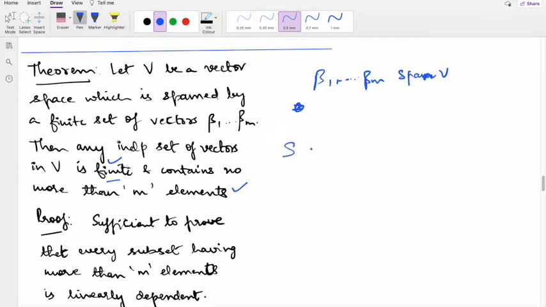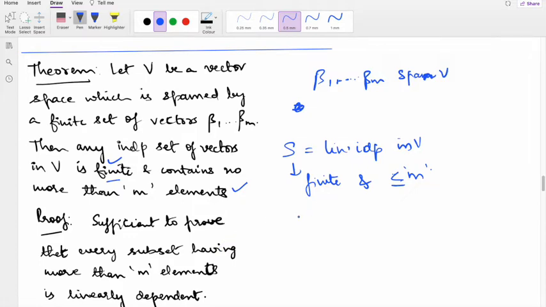So let's say S is a linearly independent set of vectors in V. Then I'm saying that S has to be finite, and it contains no more than m elements, so less than or equal to m elements. If this is the claim, what does it mean? It means that it is sufficient to prove that every subset having more than m elements is linearly dependent.